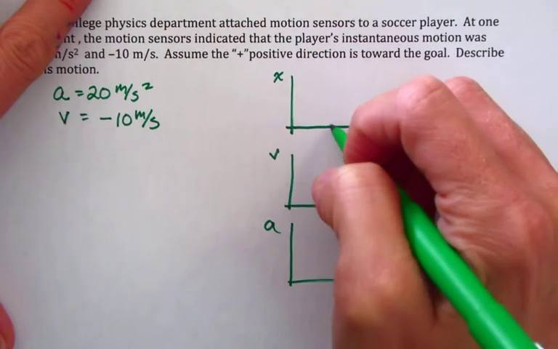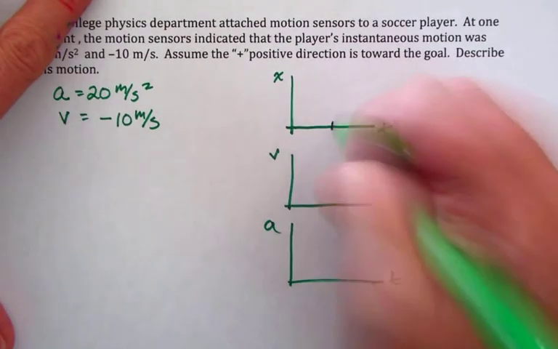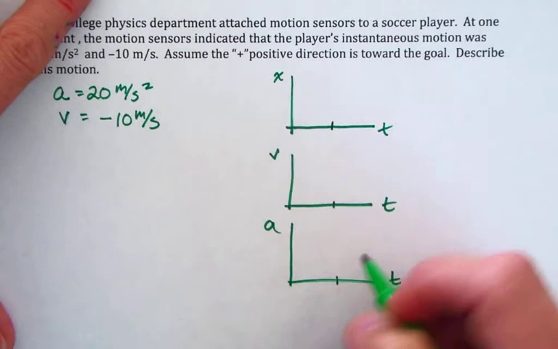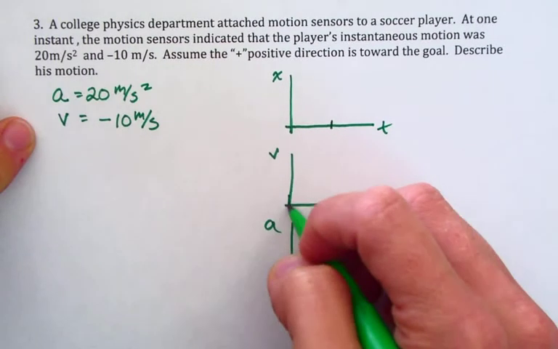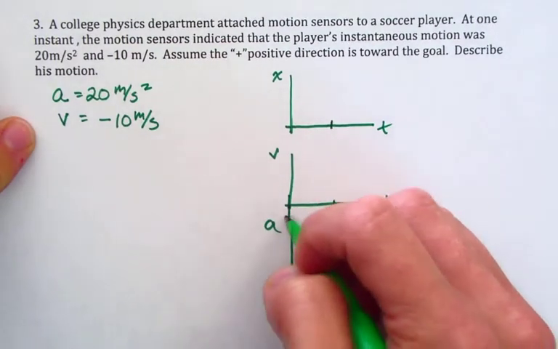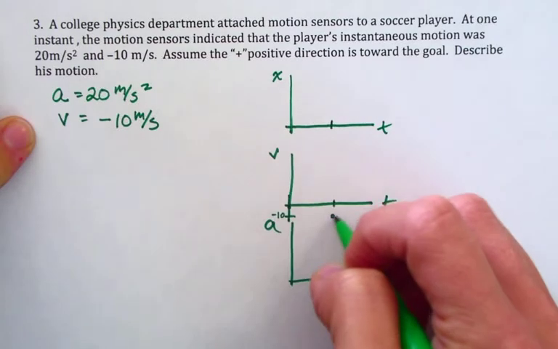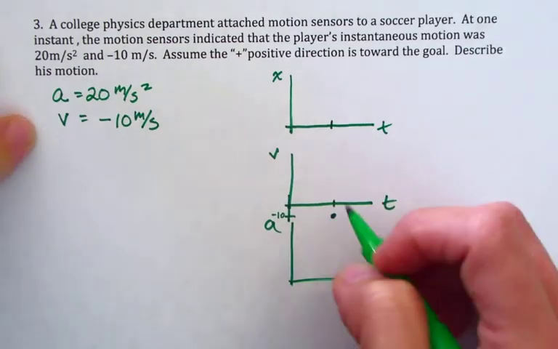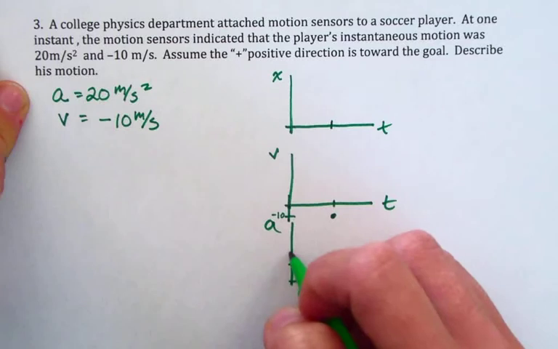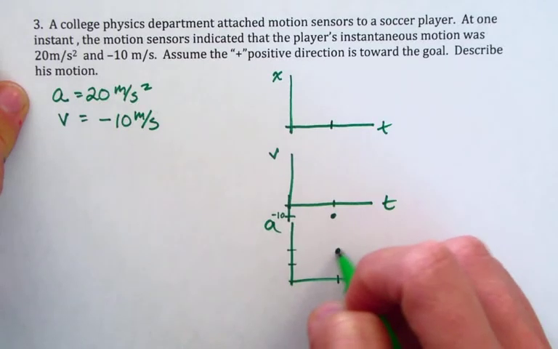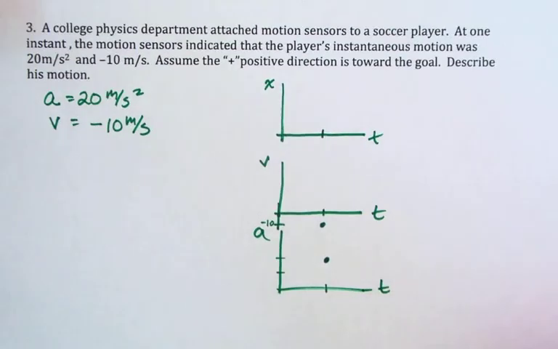I know at some instant of time, which I don't know, but we'll call this mark right here, that velocity is negative 10, so that should be down here really. So we'll call this negative 10. I know acceleration is at positive 20. And that's all I know right now.